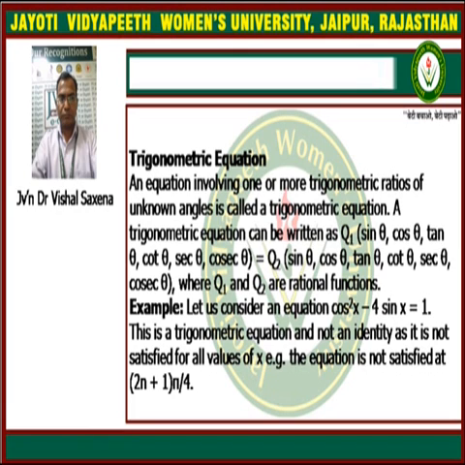An equation involving one or more trigonometric ratios of unknown angles is called a trigonometric equation. A trigonometric equation can be written as q1(sin theta, cos theta, tan theta, cot theta, sec theta, cosec theta) is equal to q2(sin theta, cos theta, tan theta, cot theta, sec theta, cosec theta), where q1 and q2 are rational functions.